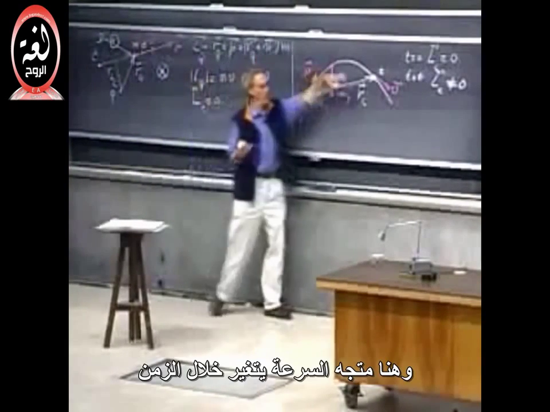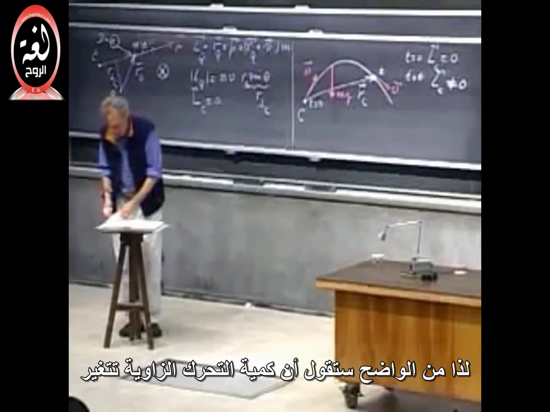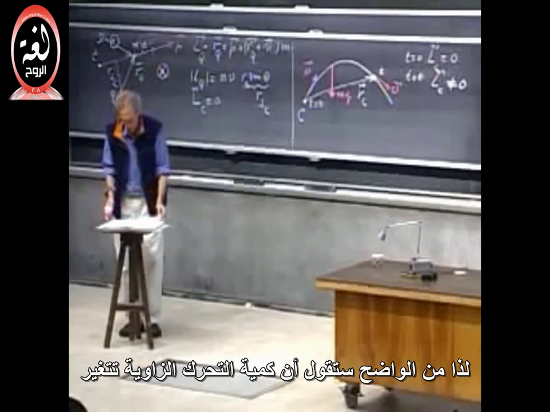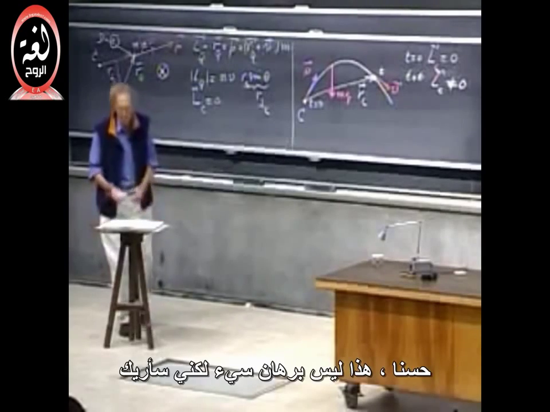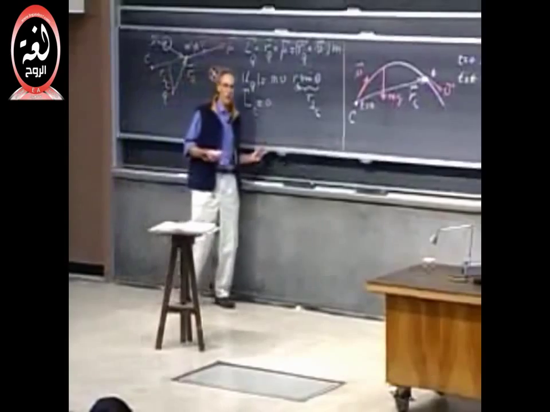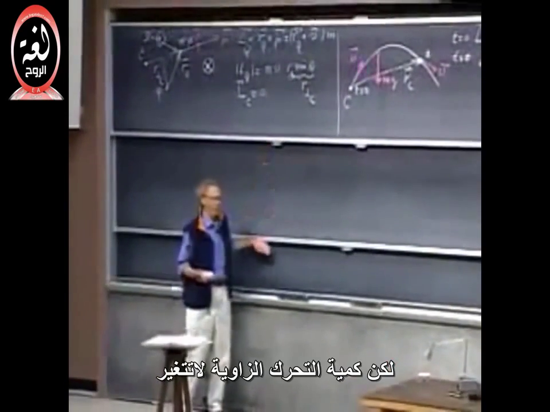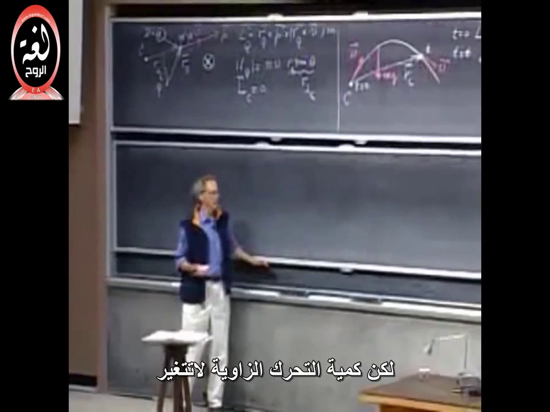And here the velocity vector is changing all the time. So obviously you would say the angular momentum is changing. Well, yes, that is not a bad argument, but I will now show you a case where the velocity is changing all the time, but where angular momentum is not changing.